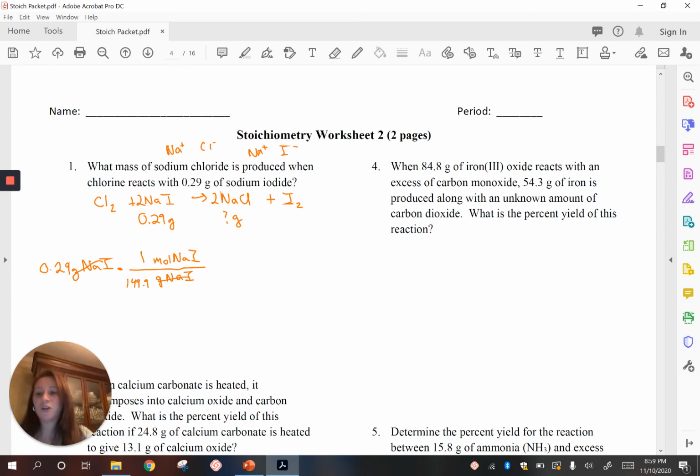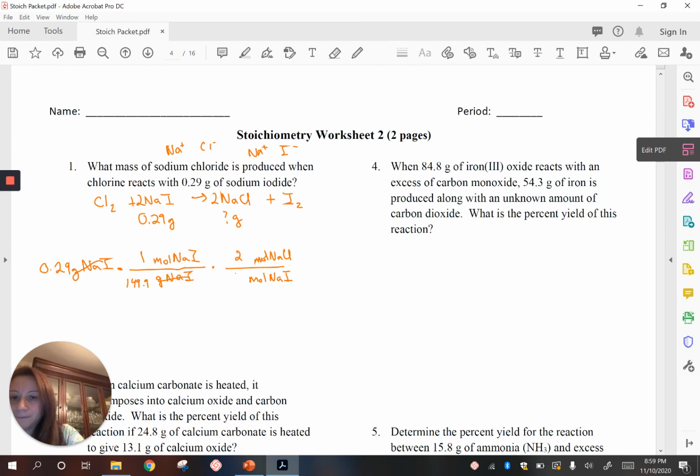Grams cancel, and you're now at moles of NaI. So now you go to moles of the substance you want. So we're going to go from moles of NaI on the bottom to cancel to moles of NaCl. And to do that, you use your molar ratio, which is in the equation here. So 2 and 2. And moles of NaI cancel. You're now at moles of NaCl.